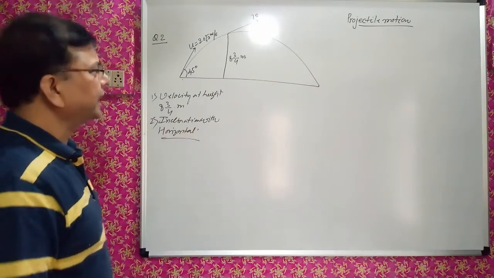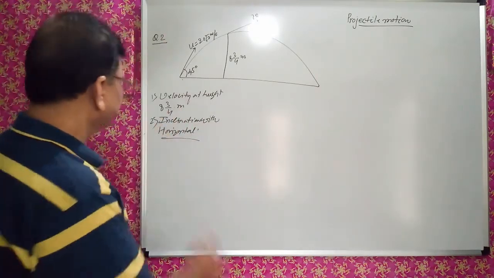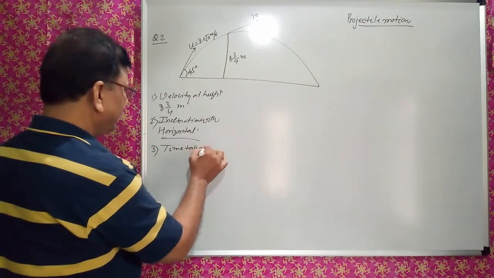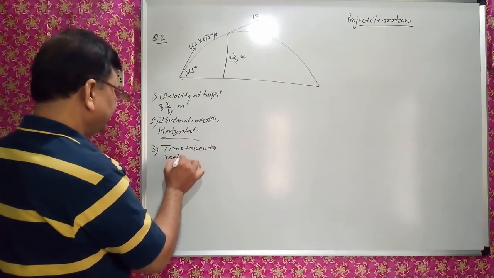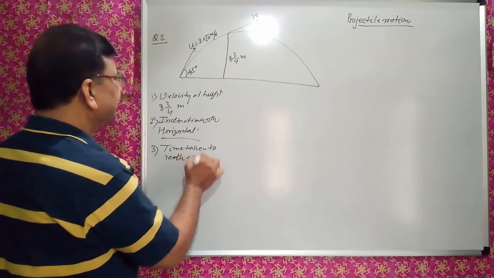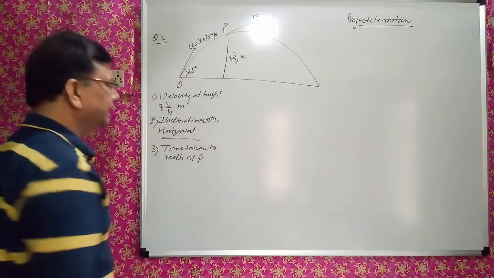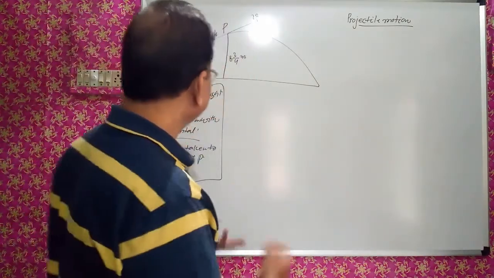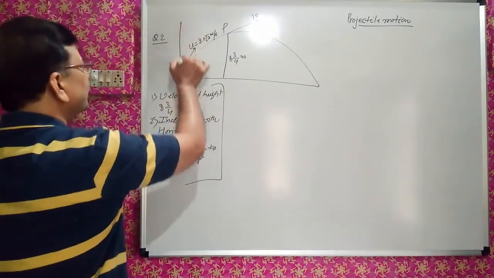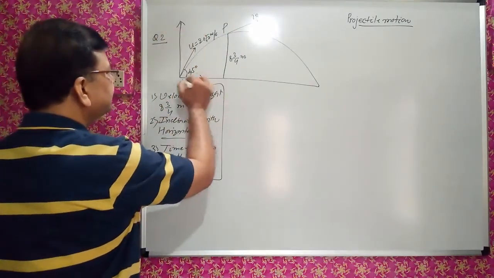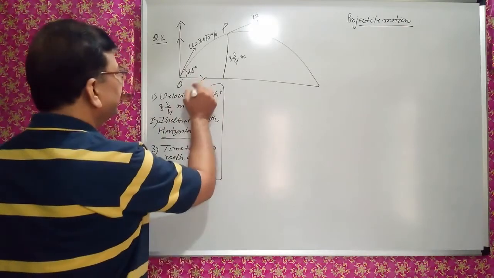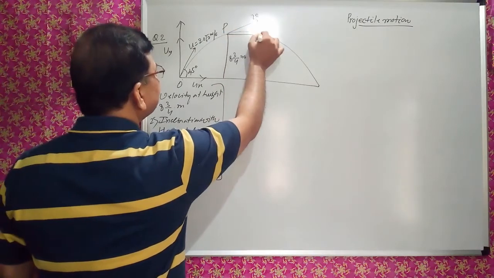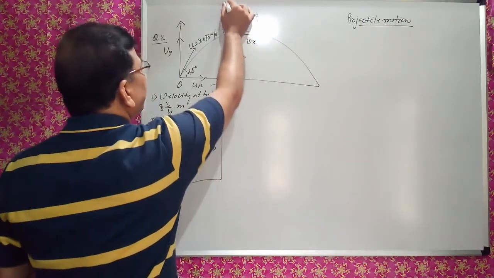These two things are needed, and we can take one third point, time taken to reach at P, means at this place, it is origin. So these three things are required to be found over here. So we will proceed. Similar concept. So we will resolve this velocity in this direction as well as in this direction, that is Ux and Uy. Similarly, this will be resolved Vx and Vy.